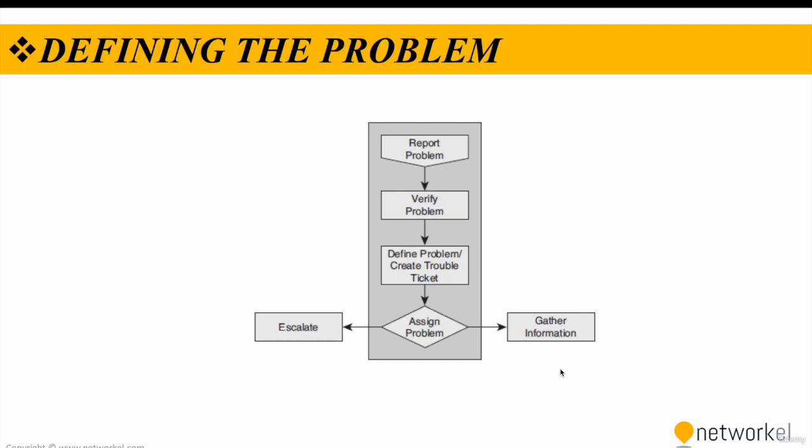Knowing that the problem is experienced by a single user only and not the others, or that the problem has affected a group of users, is quite valuable, and it affects your analysis and your choice of troubleshooting approach.